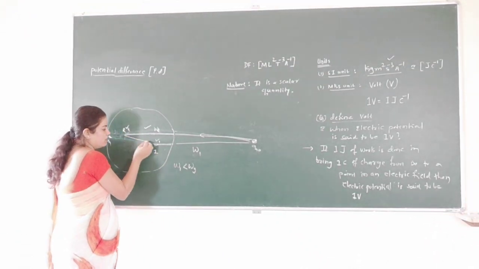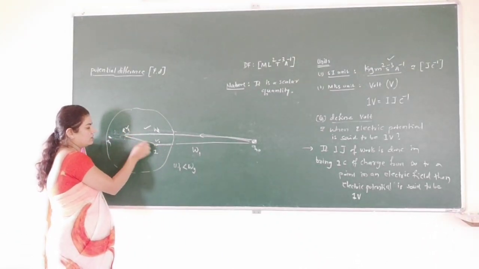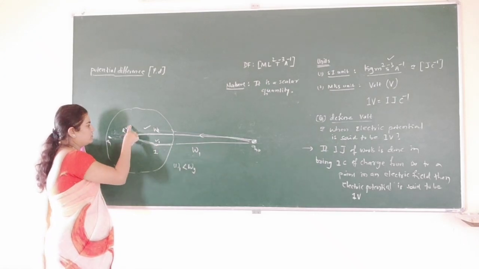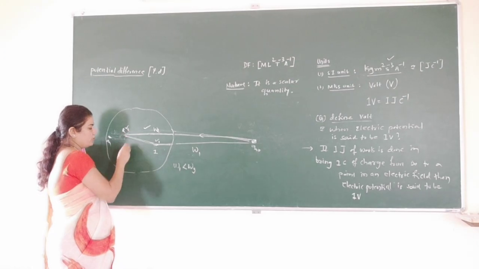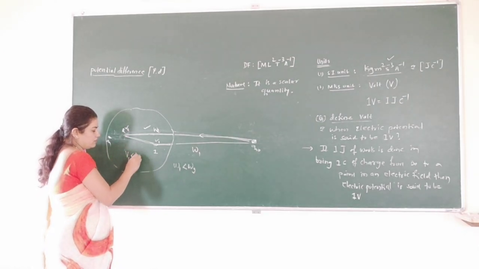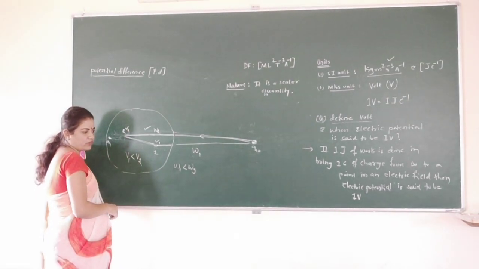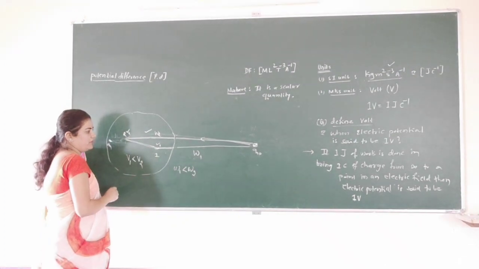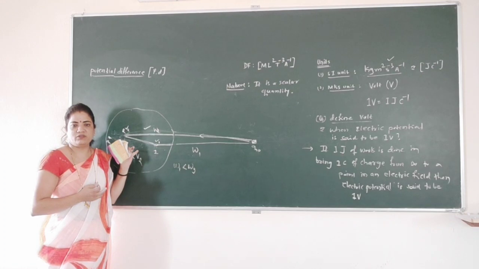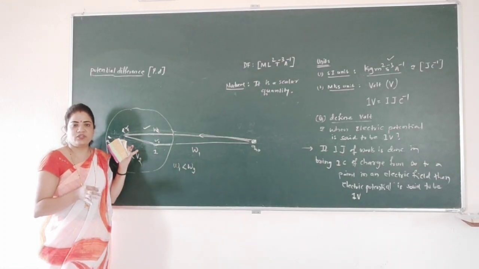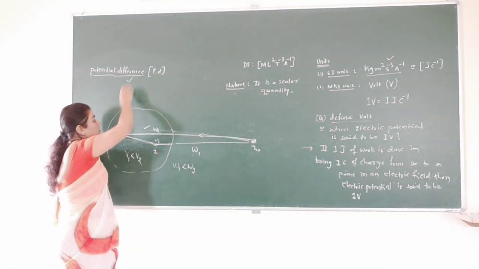So that is called potential difference. Here the energy is different, here the energy is different. Here the potential is V1, here the potential is V2. Potential V1 is less than potential V2. Therefore, in an electric field, the potential is different at different points. So there is always a difference in potential, that is called potential difference.